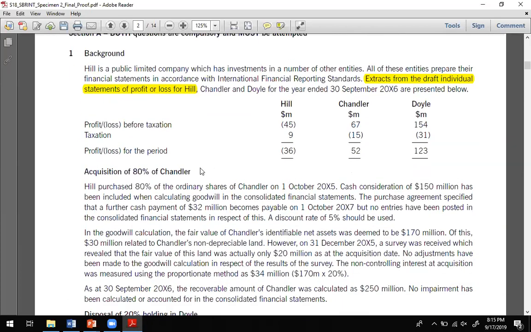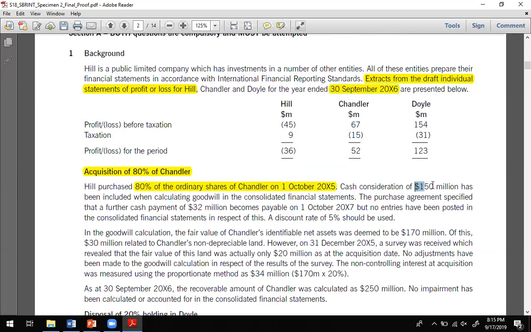But the question's first requirement is relating to the acquisition of 80% of Chandler. Now the question says that Hill purchased 80% of the ordinary shares of Chandler on 1st October 20x5, which means at the start of the year, 1 year ago from the balance sheet date.